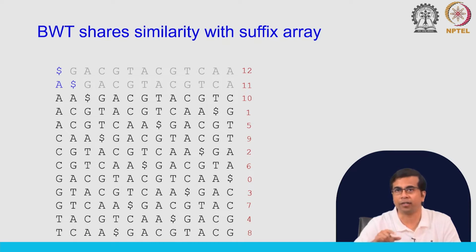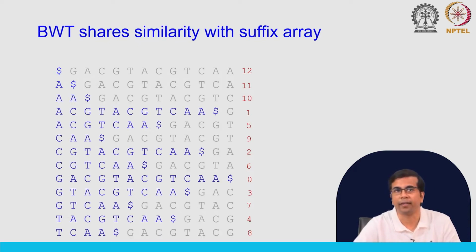If we add this dollar at the end of the reference string and then start creating all the suffixes, you will see these are the suffixes that we get. And if we extend this process for the full matrix and just focus on these letters up to the dollar sign for each row, this will give you all possible suffixes of the reference sequence.